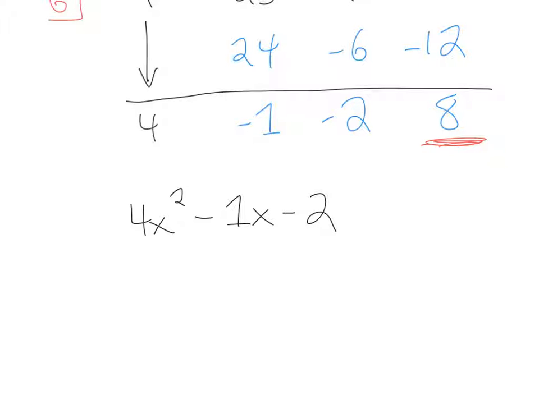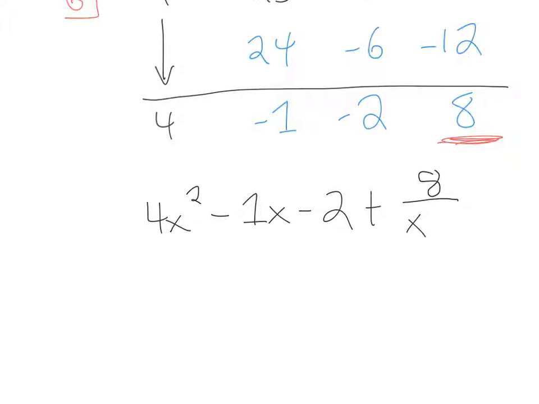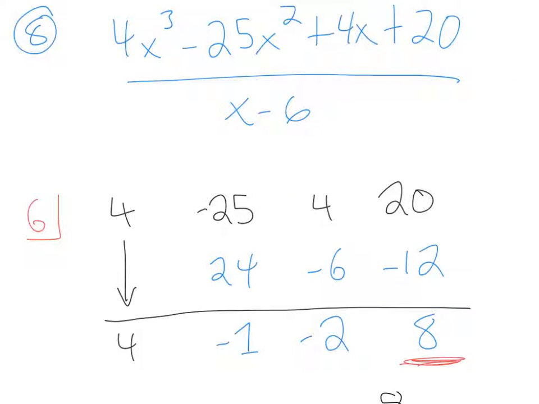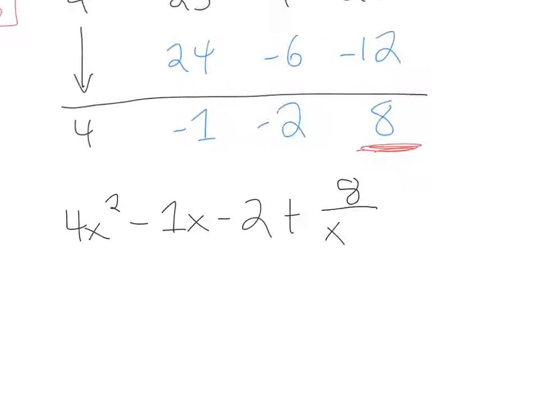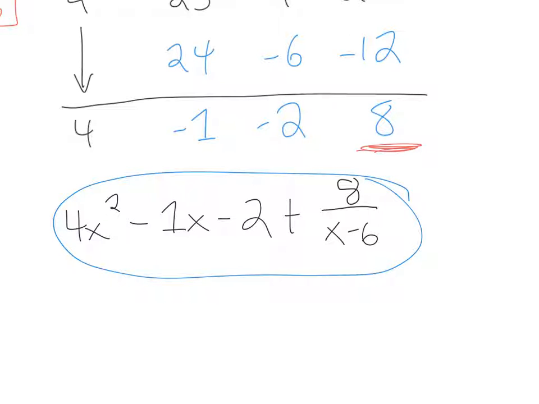And the way that we would write that is, since it's a positive 8, we'll put a plus sign, and then we're just going to take that 8 and divide it by our original denominator, which was x minus 6. Okay, and that is our remainder. There's our answer. Circle it, and good luck with the rest of your homework assignment.